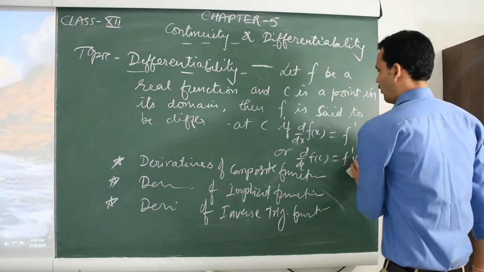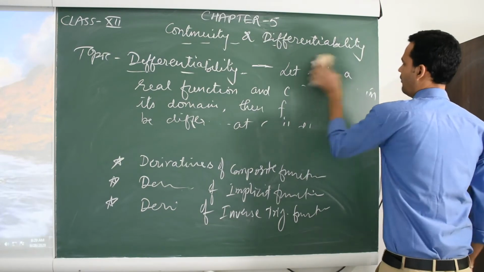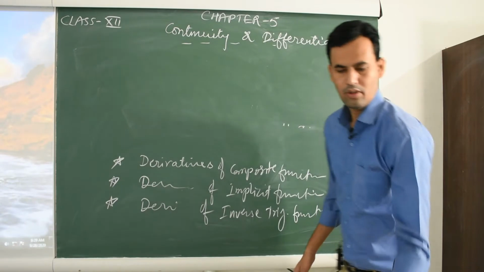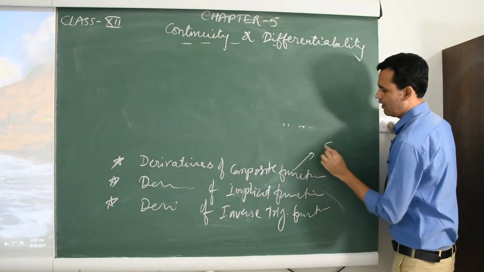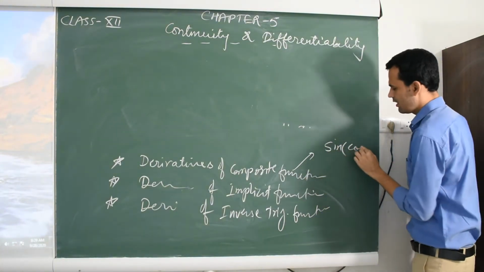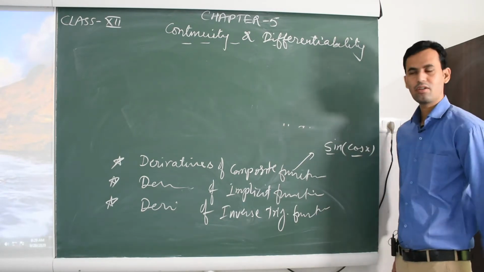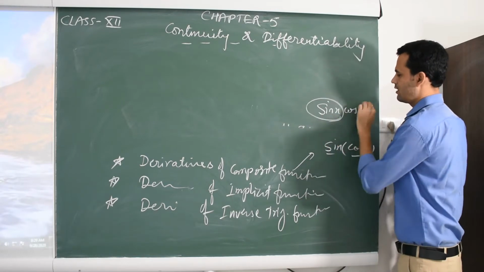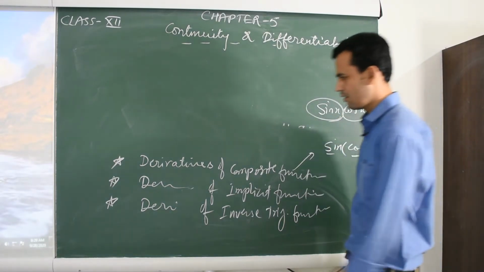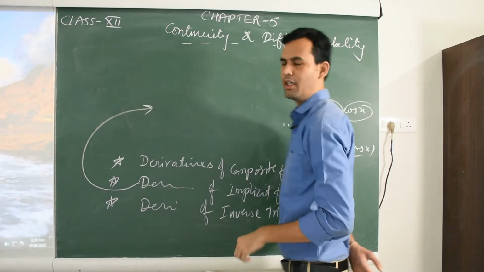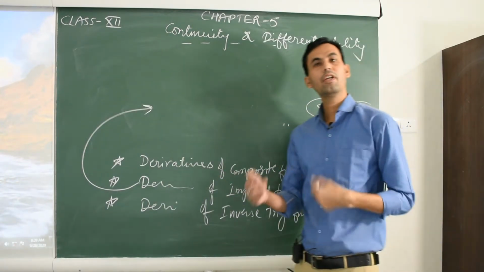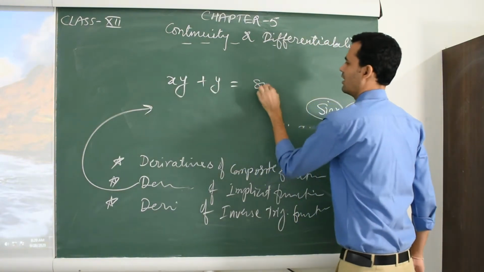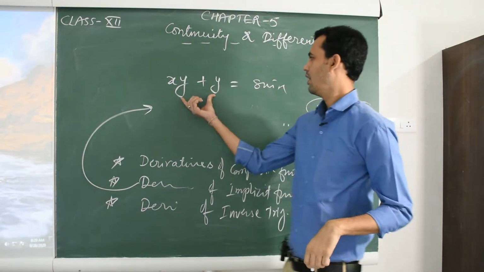So what is a composite function? If the function has two functions, for example sin(cos x), there are two functions, sine and cos, or sin x cos x, there are two functions, first and second. So this is called a composite function. What is an implicit function? An implicit function is in the form of an equation, for example xy plus y equals sin x, with LHS and RHS.